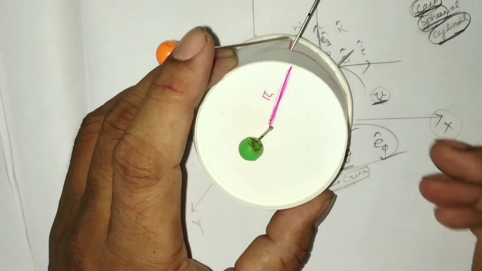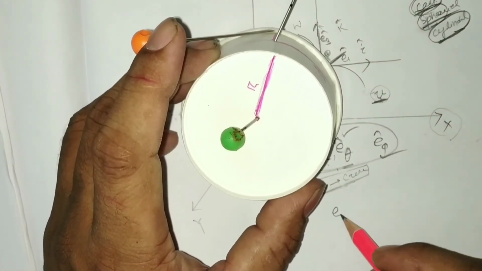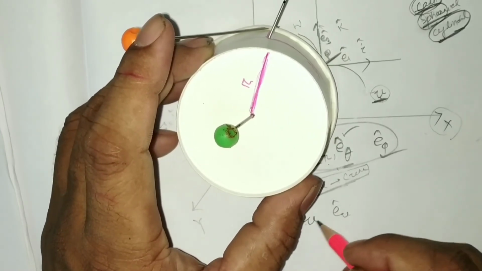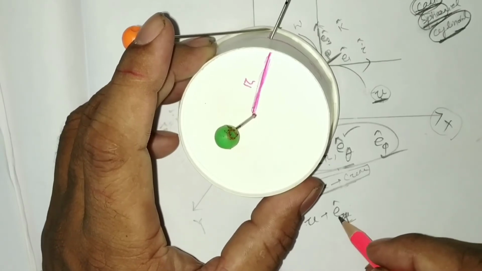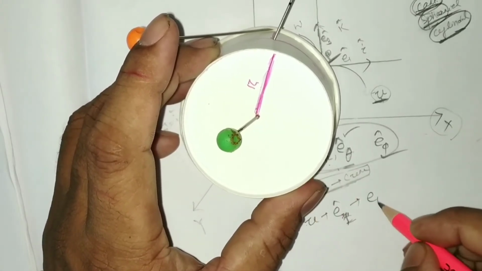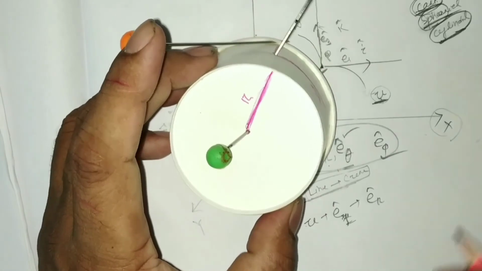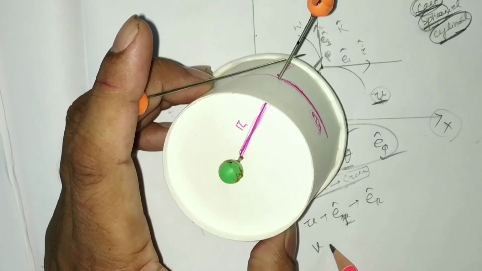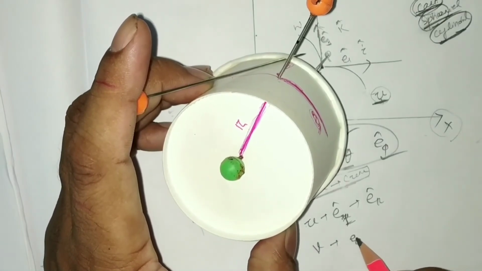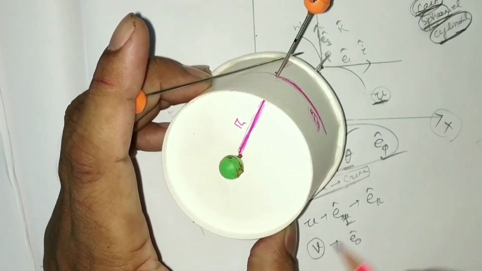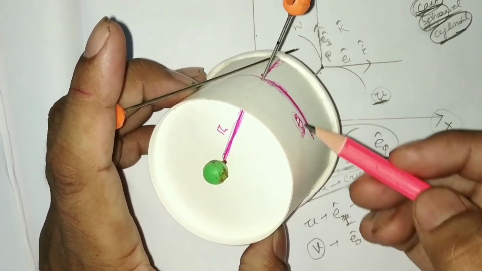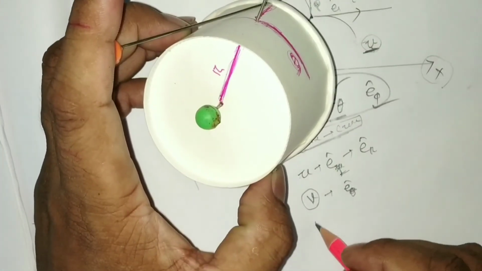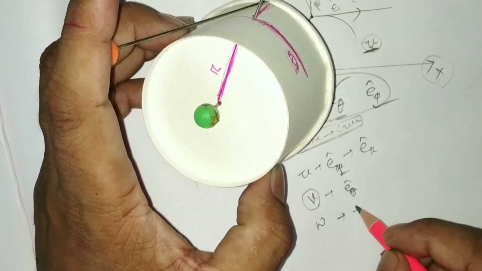That means instead of u cap or e1 cap, we have to consider er cap as the unit vector, and this is the theta curve. So instead of v we have to consider e theta cap. For the v curve, this is the change of theta, so e theta cap, and for the w curve this will be e z cap.